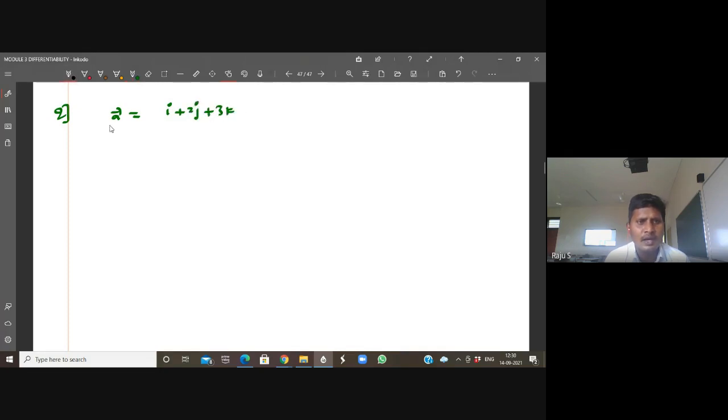Vector B, I'm taking as minus 2i plus j plus 3k. And C vector is minus i minus 2j plus 3k. And like that we can write different vectors, vector D, like 3i minus 2j plus k.